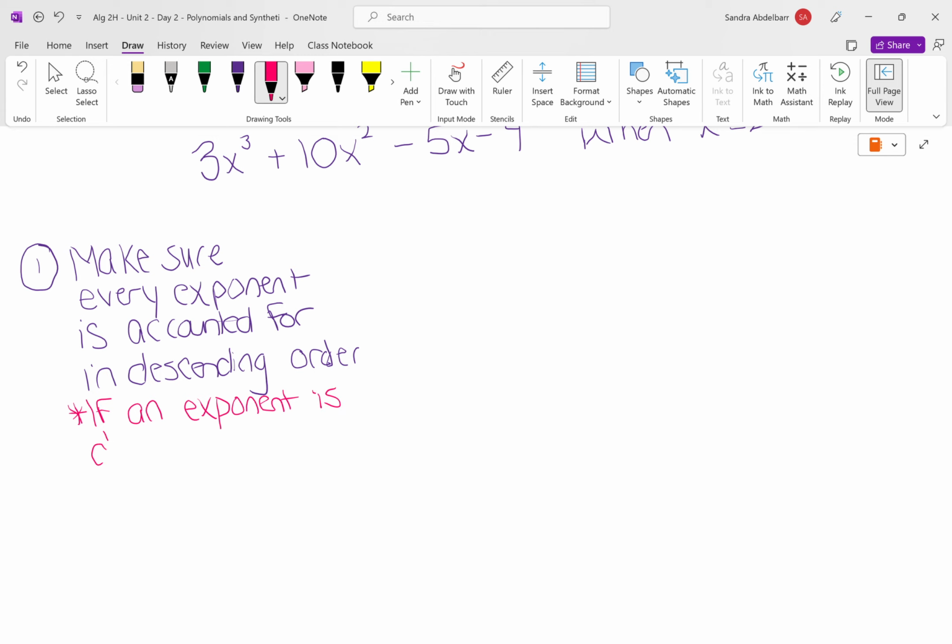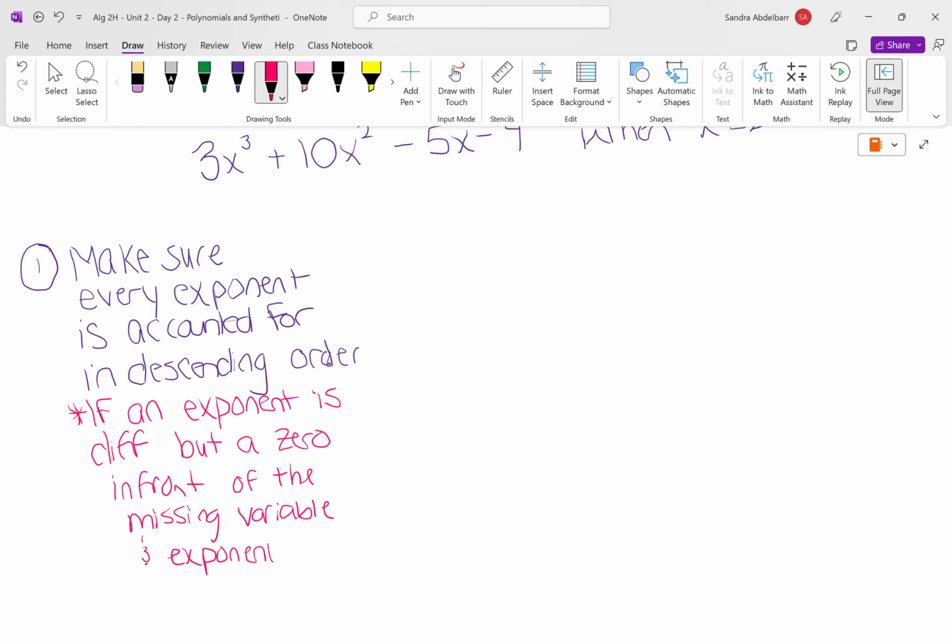If an exponent is missing, put a 0 in front of the missing variable and exponent.